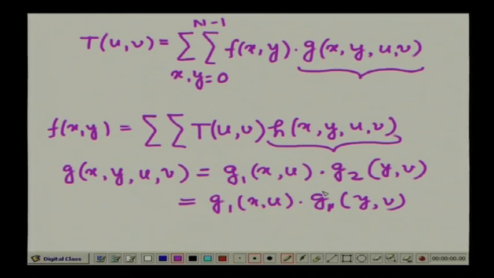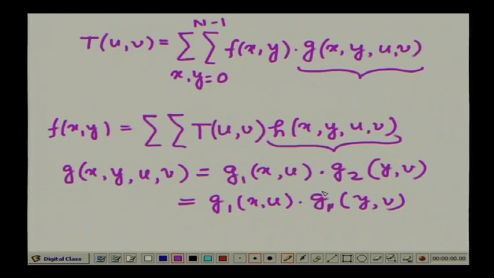In this case the function will be called symmetric. So, this class of transformations is called separable as well as symmetric, and the same is also true for the inverse transformation kernel, that is h(x,y,u,v).